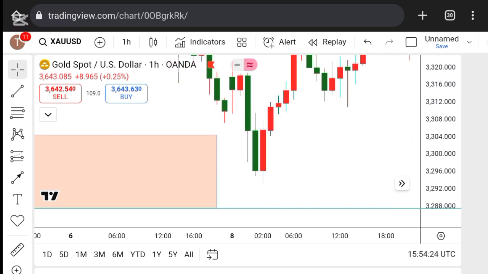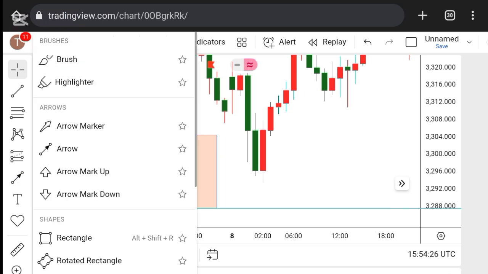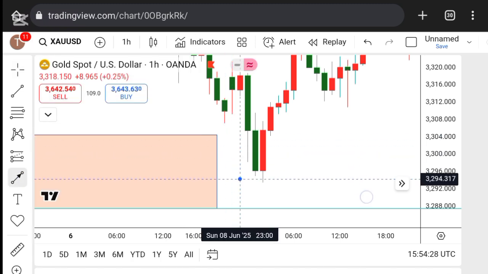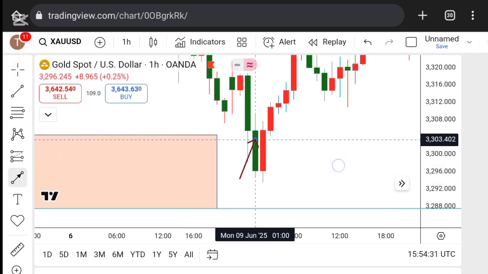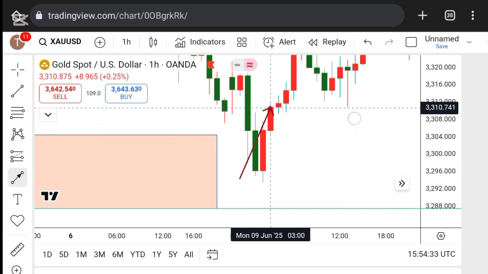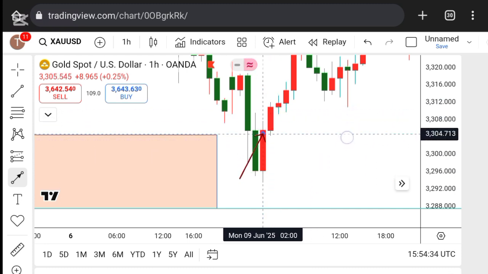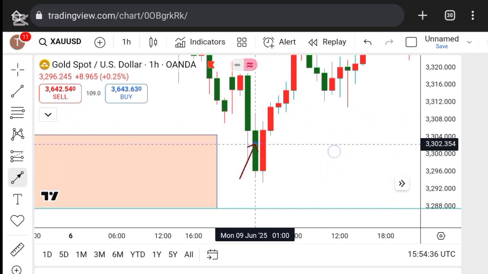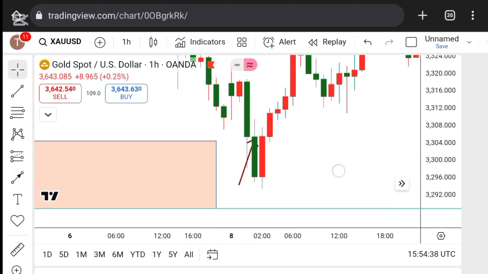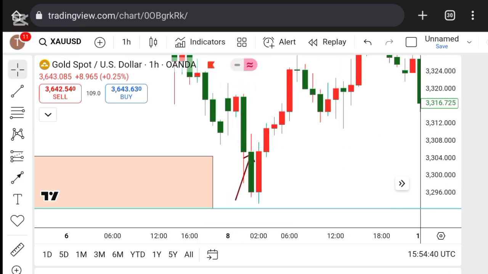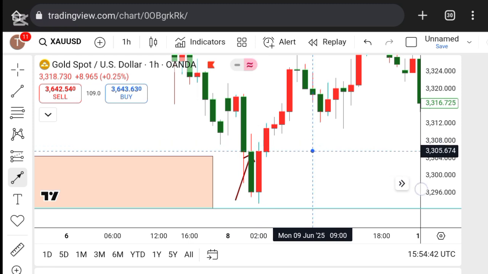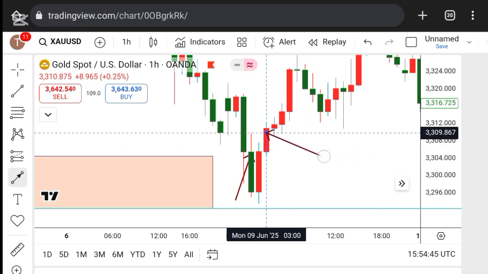What is an engulfing candle? For those of you who don't know, an engulfing candle is a bear candle followed by a green candle that engulfs, that is longer than the bear candle. And it happens to be this very candle right here.